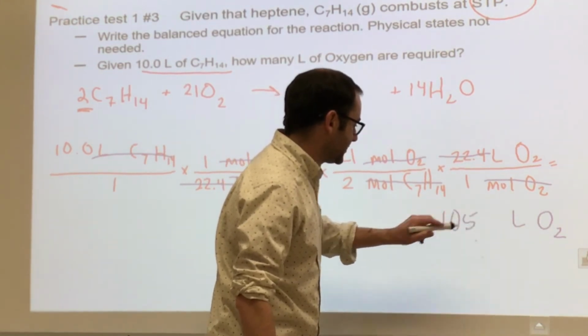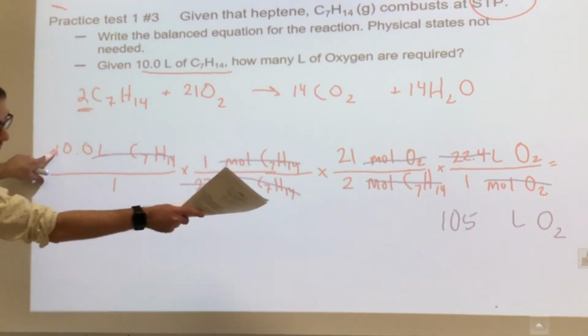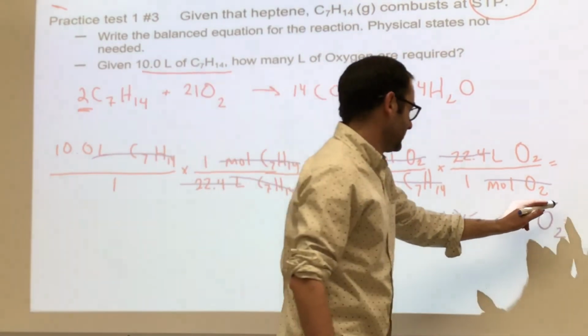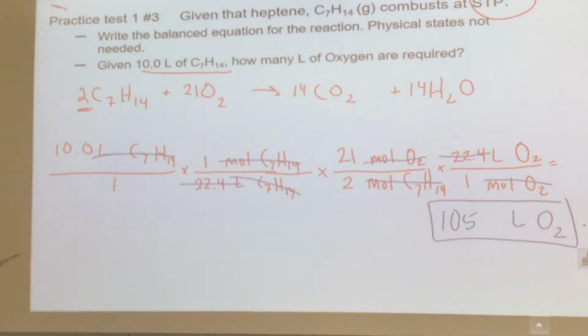Is that the right number of sig figs? 105? Well, you were quick to say no, but it is, right? We have 3 sig figs. If you were given like 10.00, where there's 4 sig figs, but there is 22.4, which is like 3 sig figs.